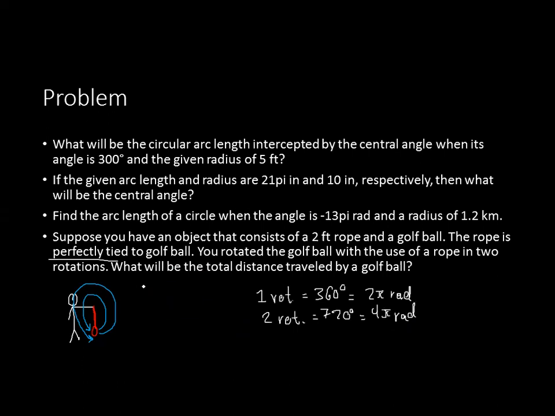So your central angle is 4 pi radians because it reached until the second rotation. Now, our radius would be 2 feet.